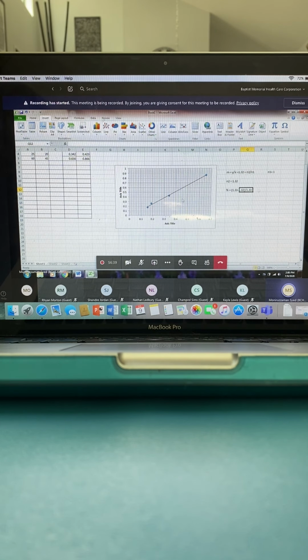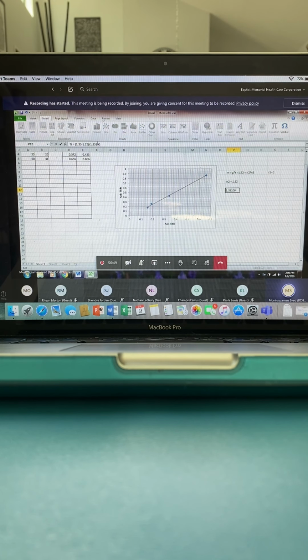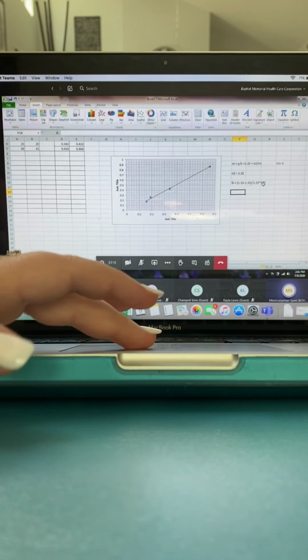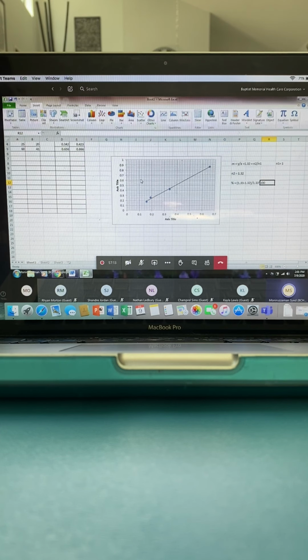So what I'm trying to do here, let me write the formula very clearly. Okay, so this is the standard formula. So your standard value minus your experimental value that you got, 1.32, divided by 1.33 times 100. If you do that, that is going to give you the value.